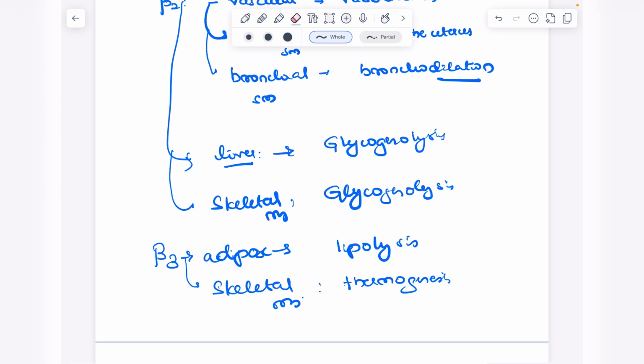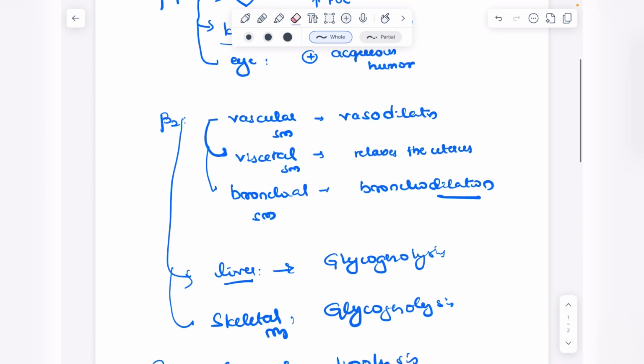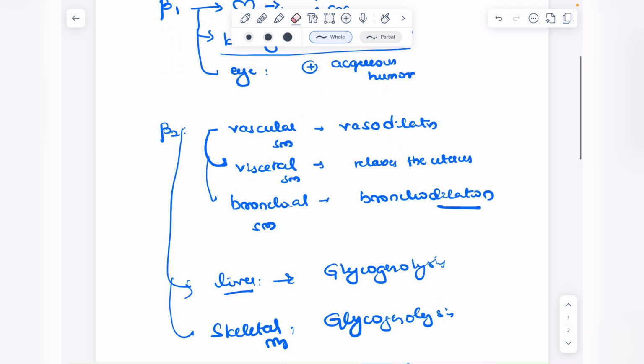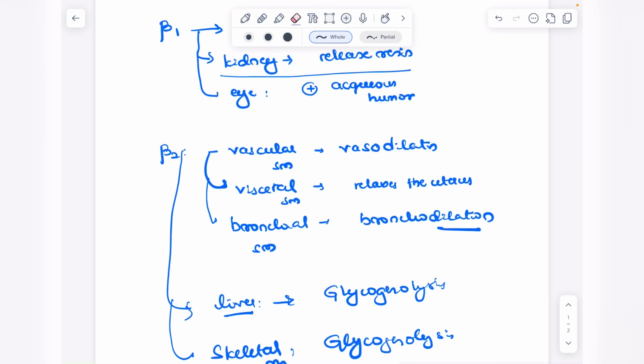Glycogenolysis and lipolysis both form glucose and fuel, which is very necessary when there is sympathetic overstimulation. Beta 3 receptors are also present on skeletal muscle, which causes thermogenesis on stimulation. So these are the receptor subtypes, their locations and possible actions.